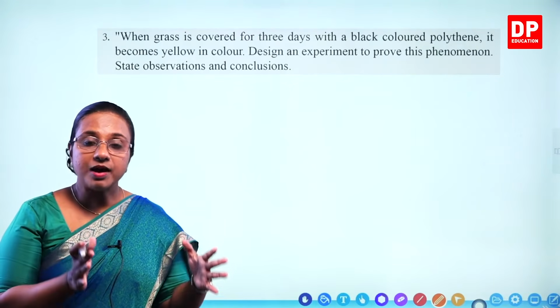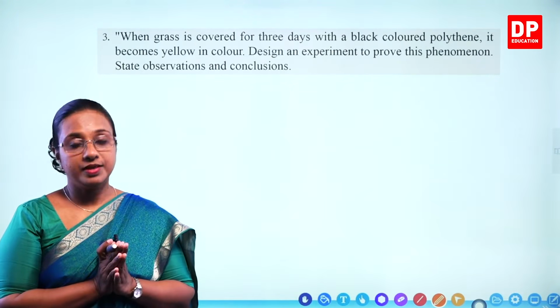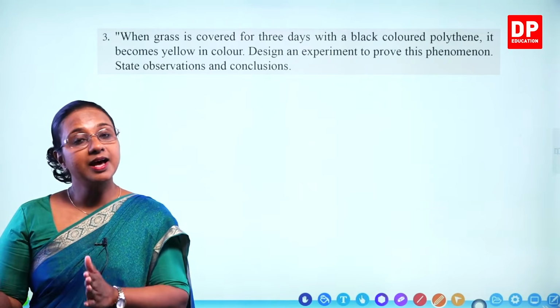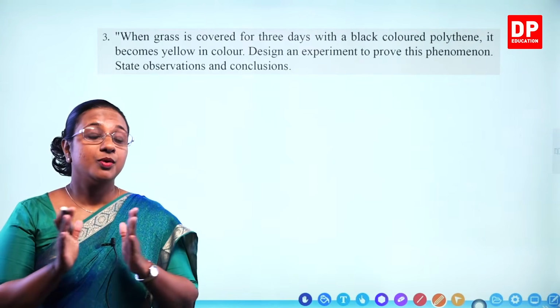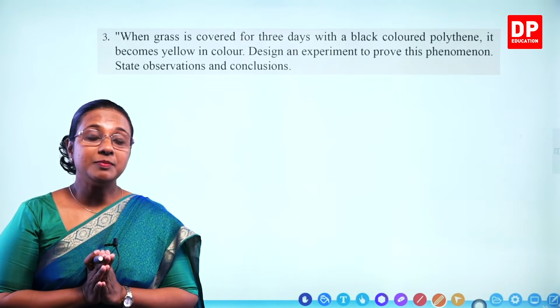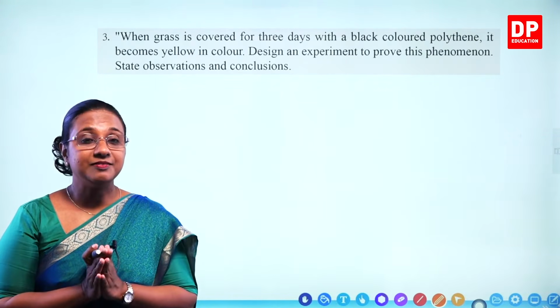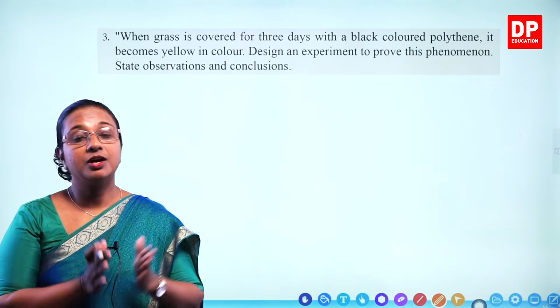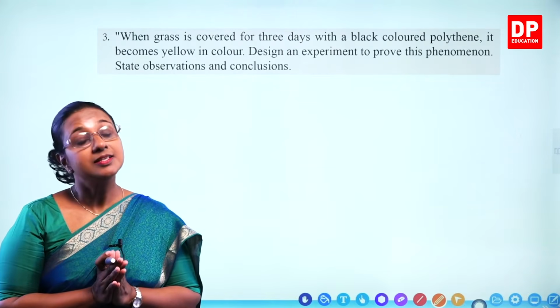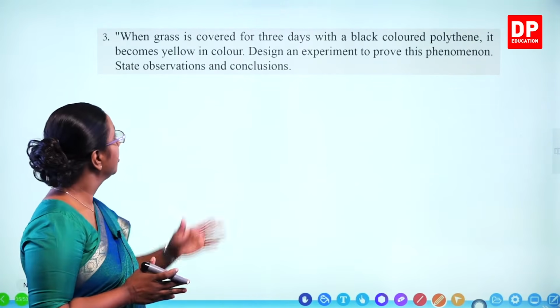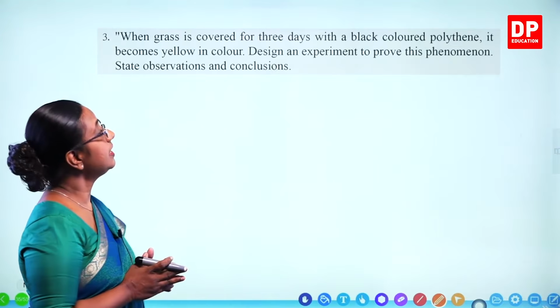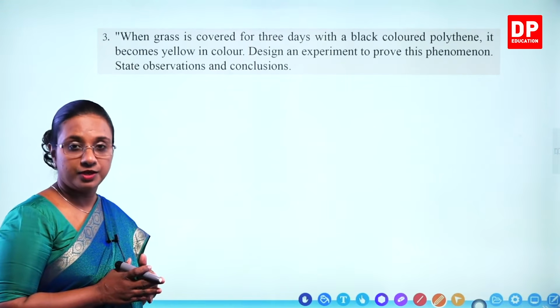And we can cover one area with black color polythene, another area with transparent polythene. What is the activity you remember now? The activity that we carry out to test that sunlight is necessary for photosynthesis. So here, design an experiment to prove this phenomenon.